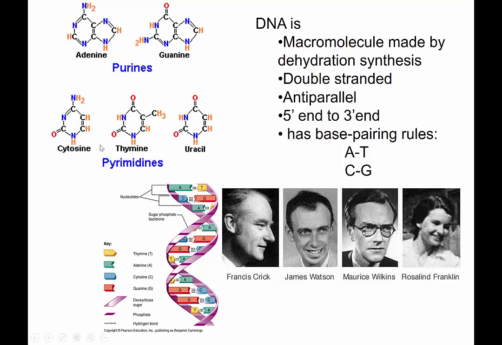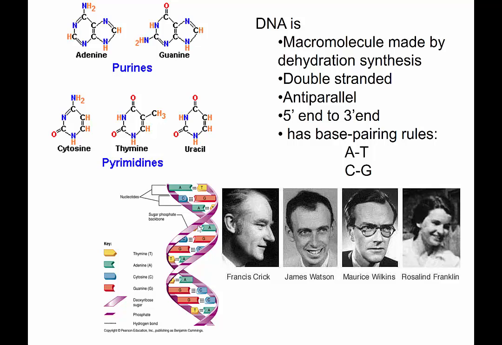And the overall helical structure of DNA was first conceptualized by Watson and Crick, shown here, but they actually did their experiments in the laboratory of Maurice Wilkins, and the lab technician that helped take X-ray pictures of DNA was Rosalind Franklin.